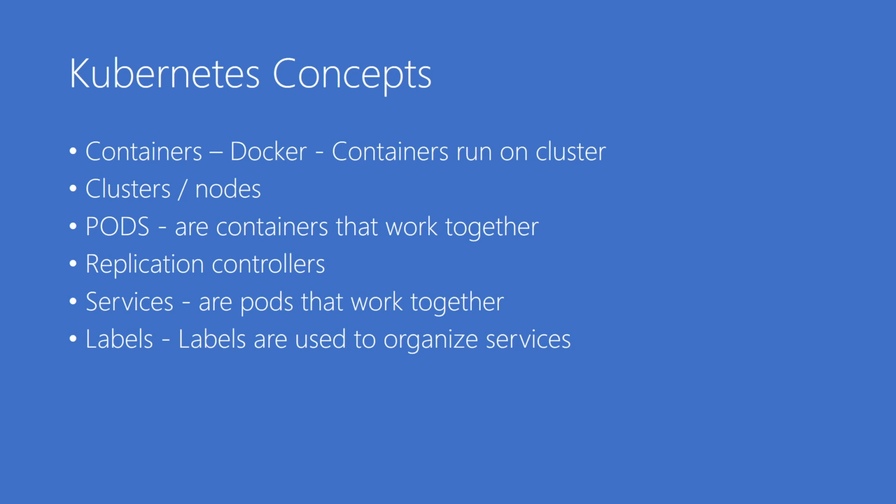So for example, if you require 4 pods to run and should a pod die, Kubernetes will spin up an additional pod. Services are a set of pods that work together. So for example, a load balanced back end or front end could be considered a service. And labels are used to organize and select a group of objects.